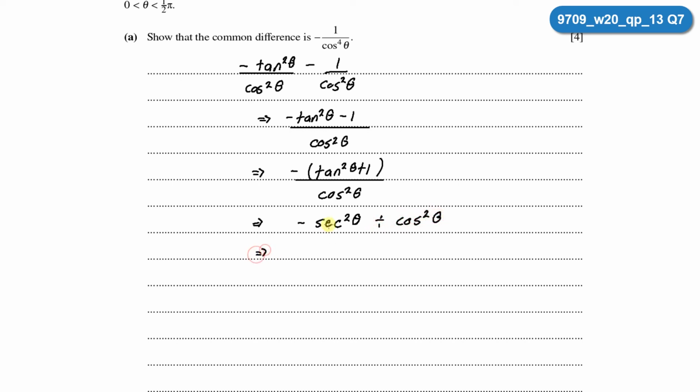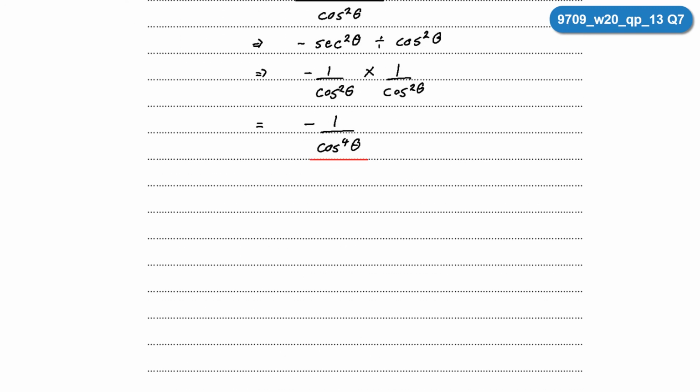And here we know that sec squared theta is 1 over cos squared theta, and dividing by cos squared theta is the same as times 1 over cos squared theta. And this is going to give us minus 1 over cos squared theta times cos squared theta, which gives us cos to the power 4 of theta. And this is the answer. Let's move on to part B.